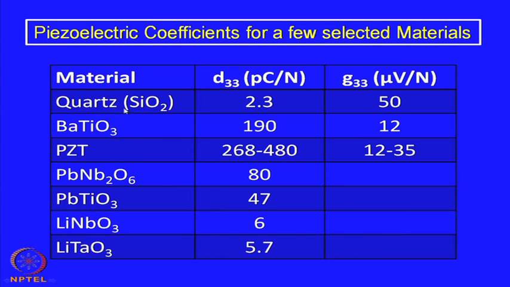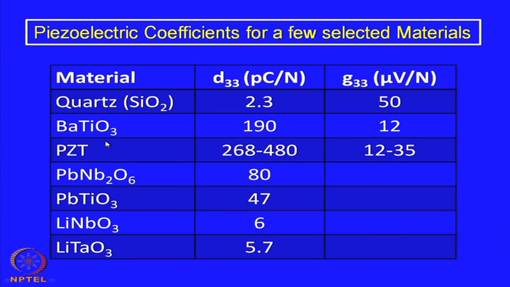Quartz, although it does not have a perovskite structure, is a very good piezoelectric material, and its coefficient D33 in this case is around 2.3, whereas the voltage coefficient G33 is about 50. So, D is in coulomb per Newton, and G is in volt-meter per Newton. Okay.